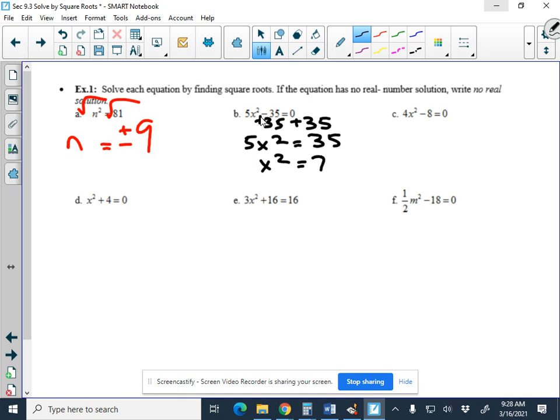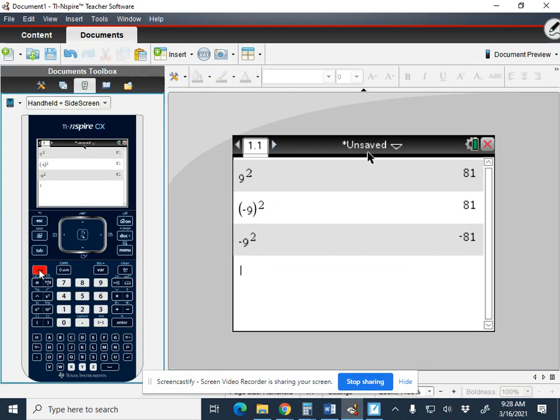Okay? Now, I didn't show divide by 5, divide by 5. I think we're at a place where I don't even think you need to show that, add 35, add 35. You can, you don't have to. But now, to undo the squared, I take the square root. And you're like, well, what is the square root of 7? I don't know. You can grab your calculator and put square root of 7.